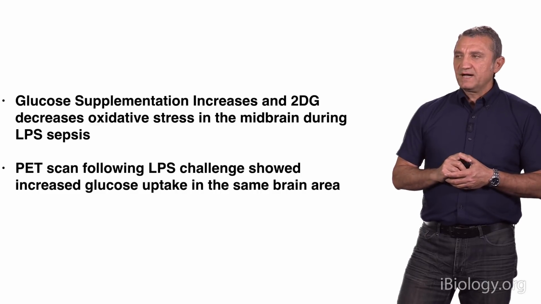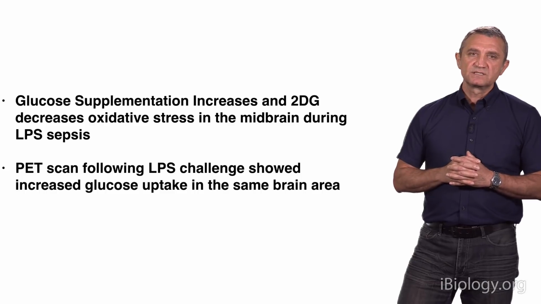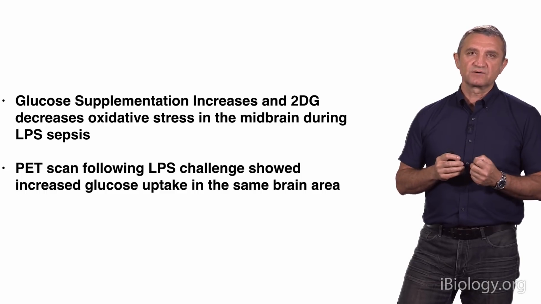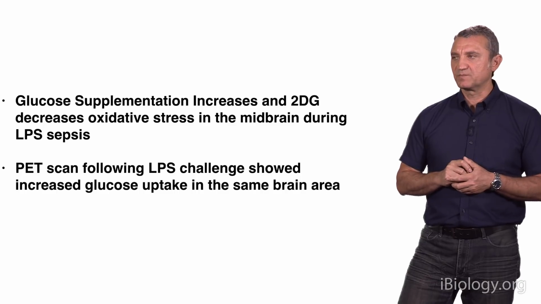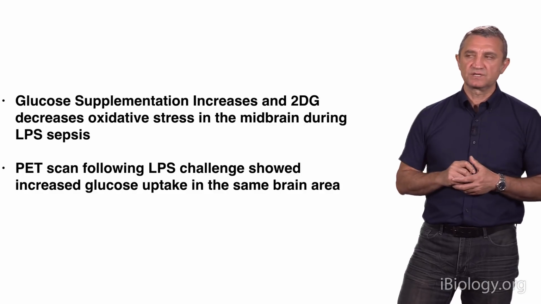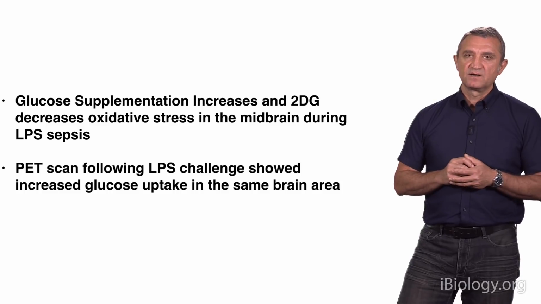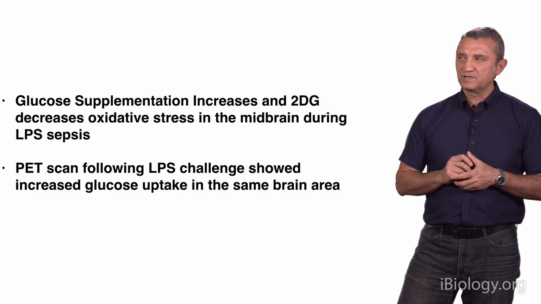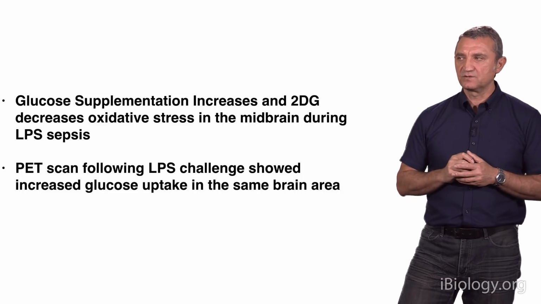What we found also is that glucose supplementation increased and 2-deoxyglucose decreased oxidative stress in the midbrain area during LPS sepsis. By performing a PET scan to follow where glucose goes during sepsis, we found that following LPS challenge, this area of the midbrain showed the greatest difference in glucose consumption.